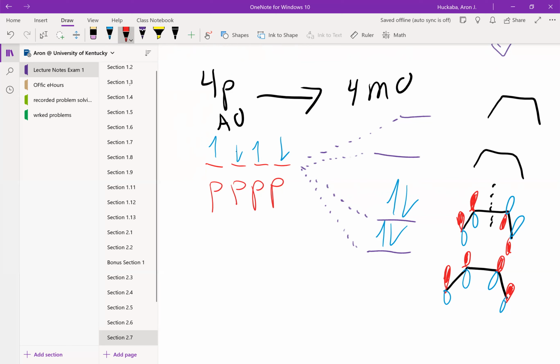Okay, so if one node destabilizes the system, maybe we should put in another to find the next energy level. We'll put in two nodes this time.